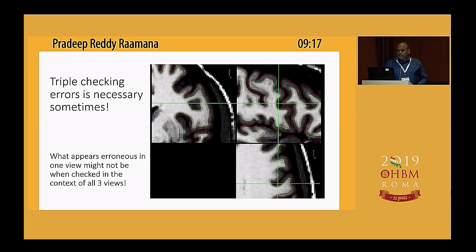And more importantly, this visual review needs to happen in multiple views if you care about voxel level accuracy. So I would say triple check is necessary sometimes, because what can appear as an error in one view might not be in another, as you can see.